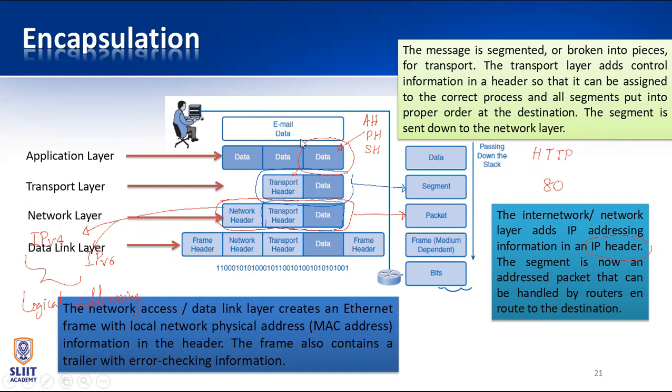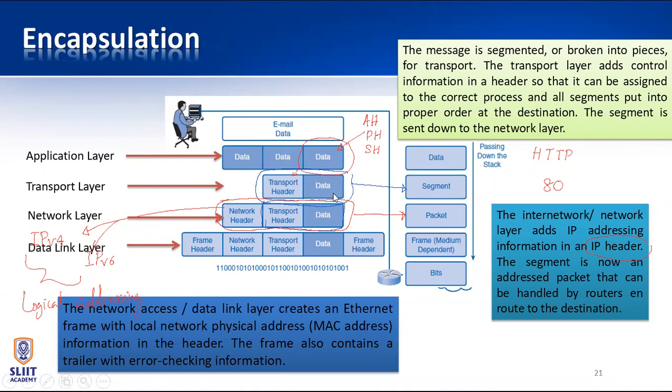When you transfer the email, we have to divide it into small portions. The whole email will not be sent at once. You might have information such as the subject, or a request to the other person, or maybe an attachment, but still you have to divide it into small portions, and then you add some control information from the application, presentation, and session layers.